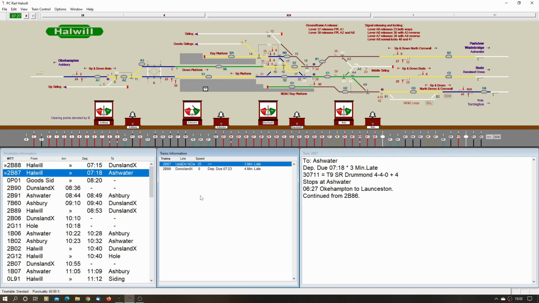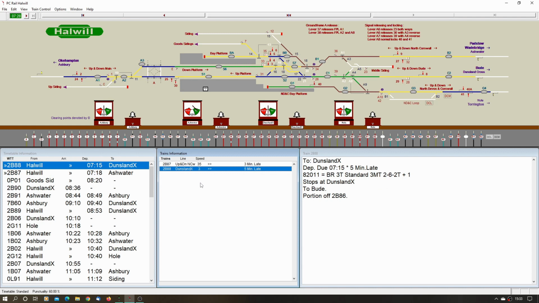And we've still got 2B87 on the line to Padstone Weybridge. This one's setting off from the station. Not sure why it shows you the arrivals. Once you get out of section, it usually disappears.